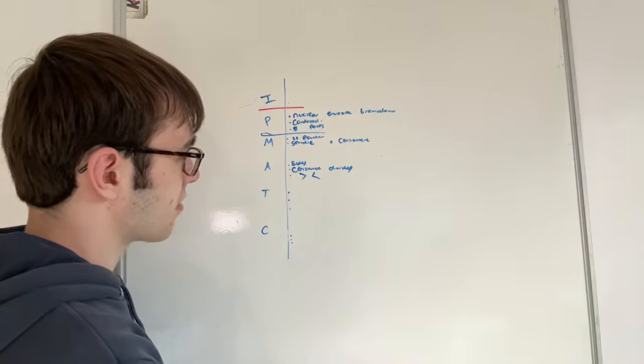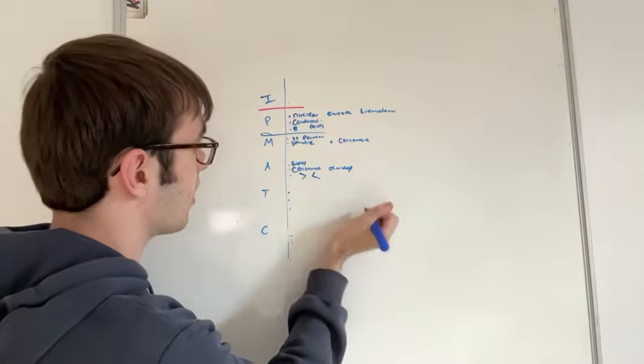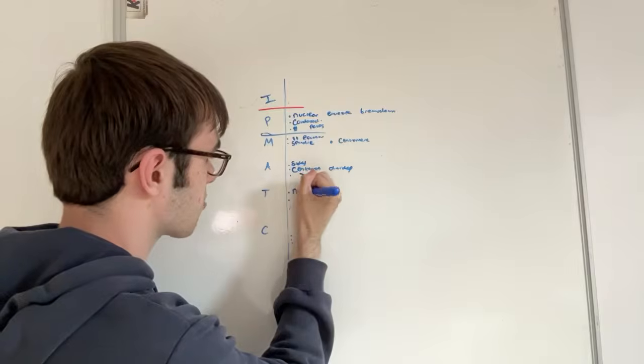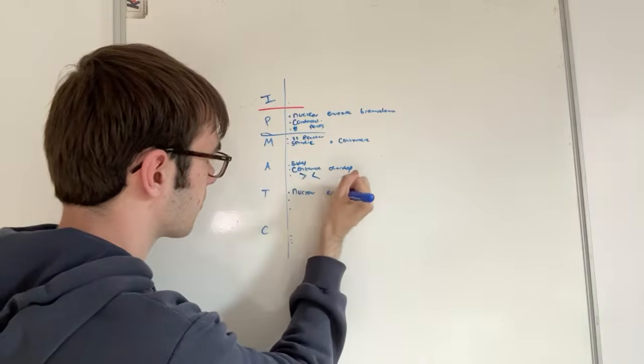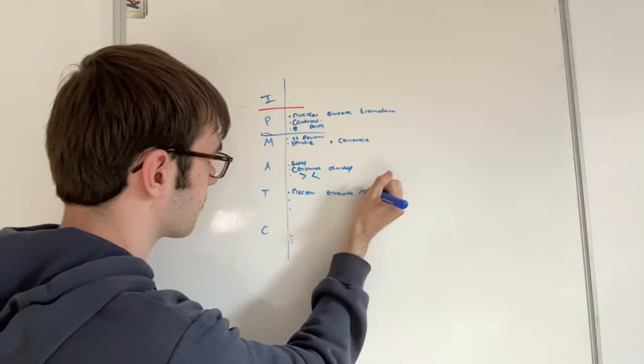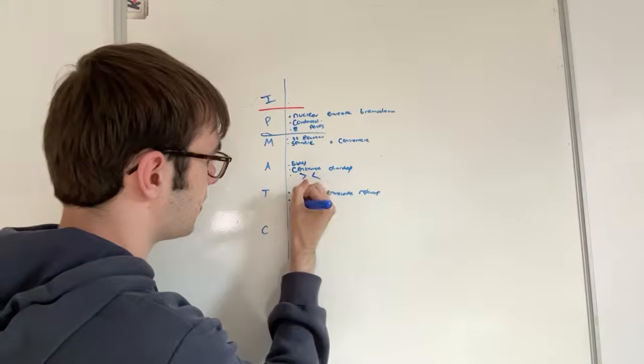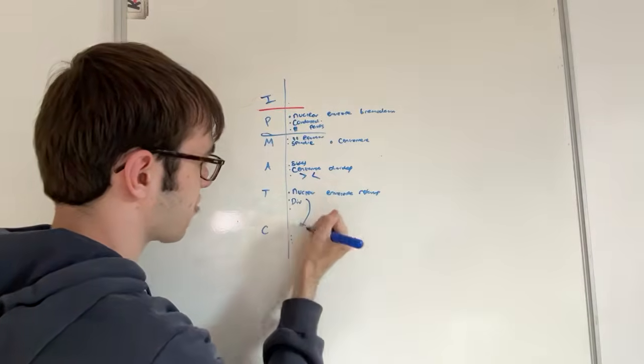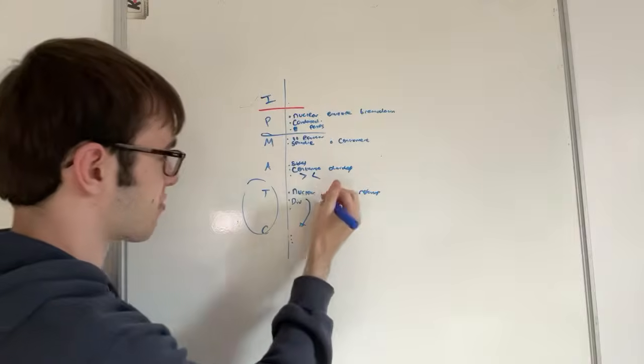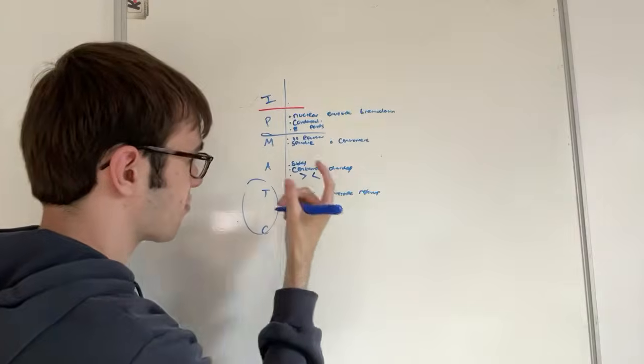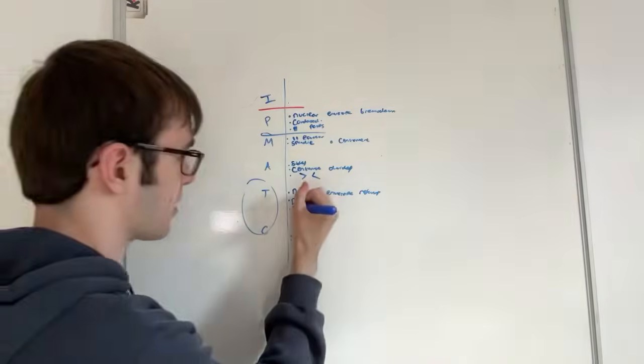Then in telophase, the nuclear envelope reforms. This is also where the division of the cytoplasm happens, but you can group these together. This is where the pinching of the cytoplasm happens.